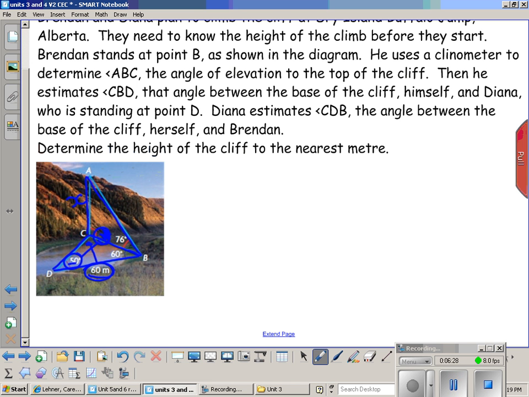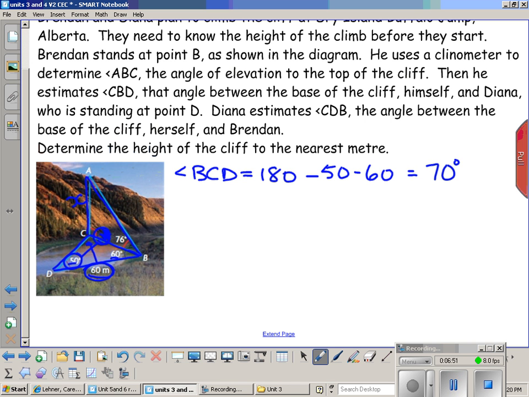Well, we know 2 of the 3 angle measures. So we can start by finding angle BCD. And that's 180, subtract 50, subtract 60, which is 70 degrees. So 70 degrees is opposite the side that has 60 meters.